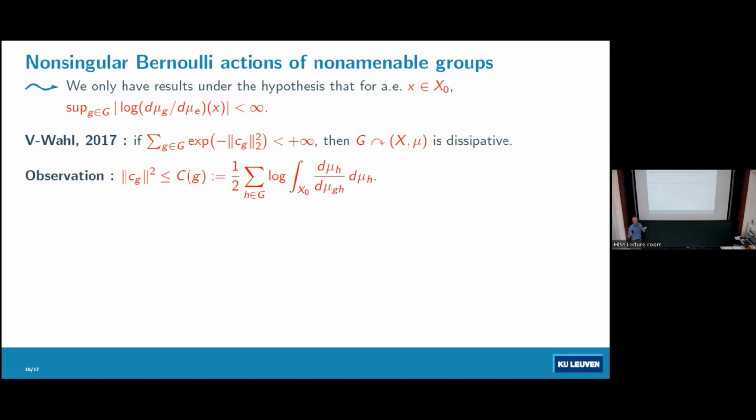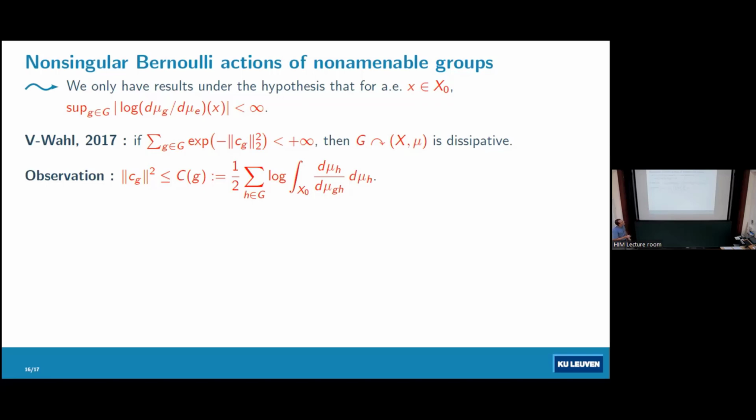We have to replace the Hellinger distance. Recall that this has to do with the Hellinger distance between mu of gh and mu h. We have to replace it by something else that's not even a metric, but something that does measure a distance between mu of gh and mu h. Namely, we look at this Radon-Nikodym derivative, we integrate, we take the logarithm, and we sum up.